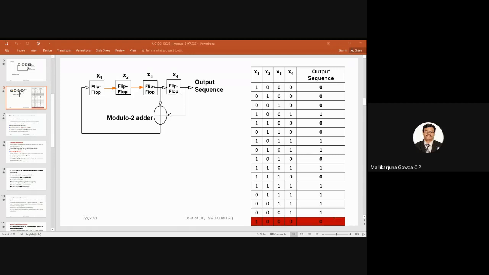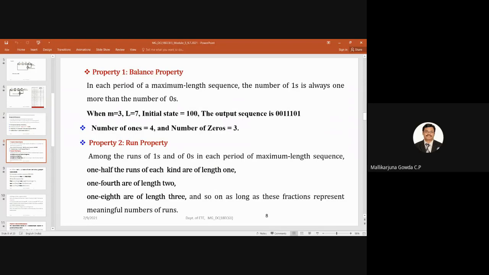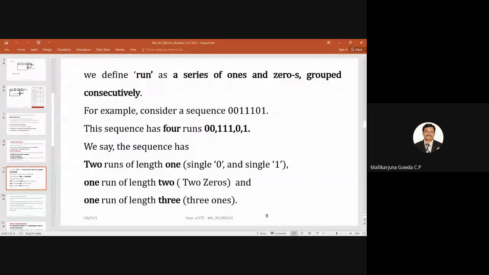Okay, very good. Out of 8 runs, how many runs have a length of 2, 1, and 3? You have to tell in terms of the number of runs. See, what I said here: 2 runs have a length of 1 bit, one run has a length of 2 bits, and one run has a length of 3 bits.